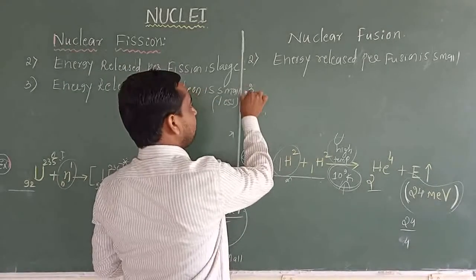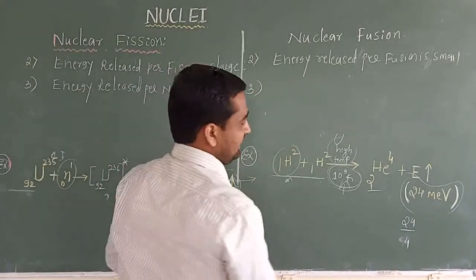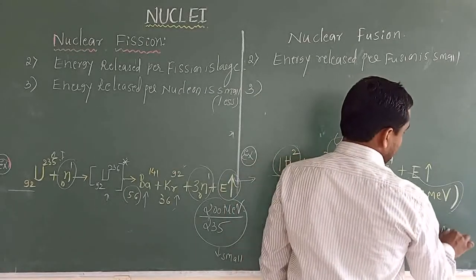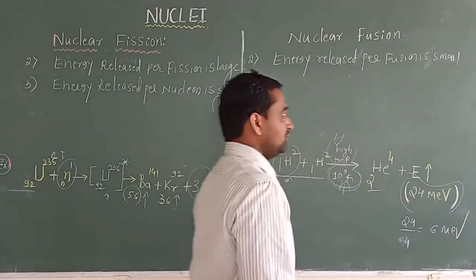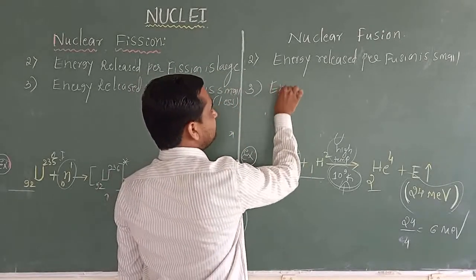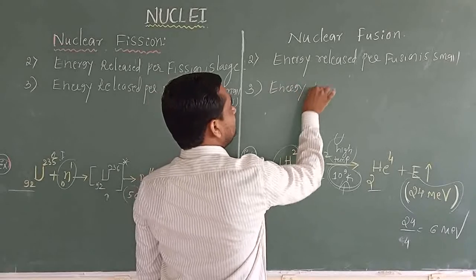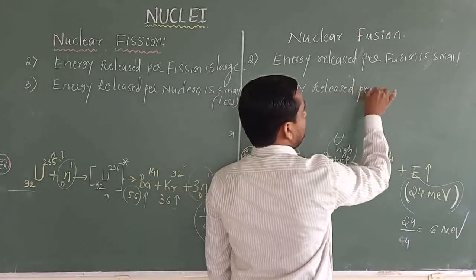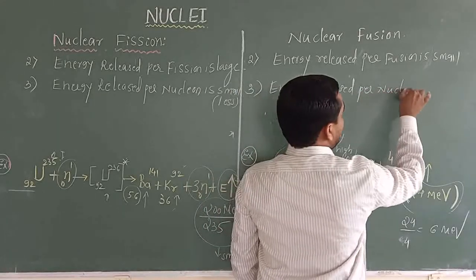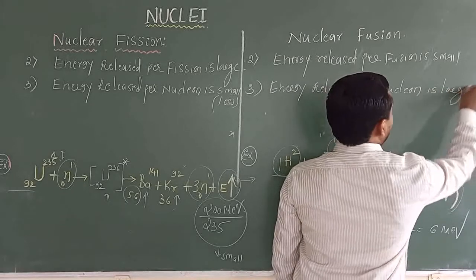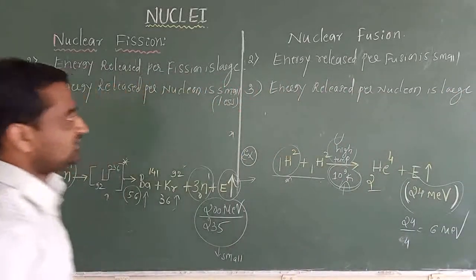But in case of nuclear fusion, 24 divided by 4, it is of the order of 6 mega electron volts, very large. So the energy released per nucleon is large in case of nuclear fusion reaction.